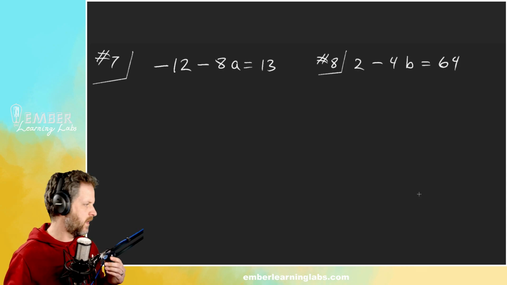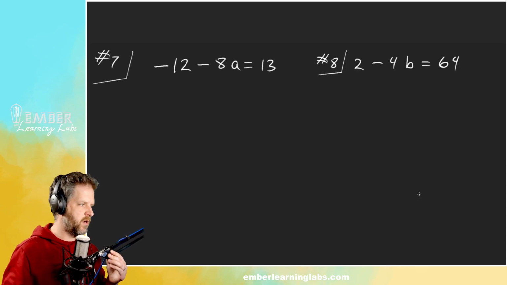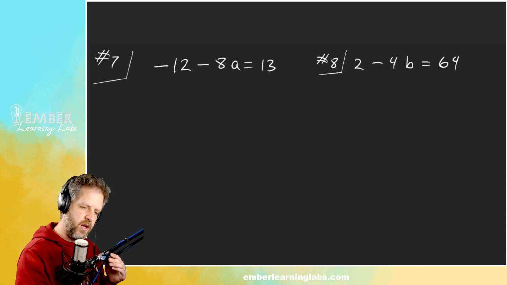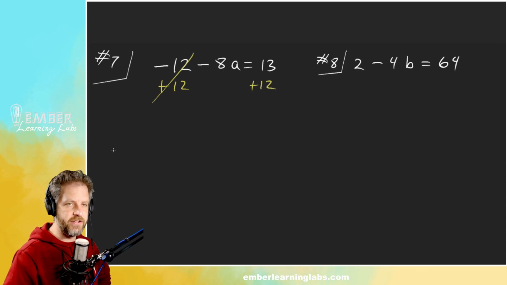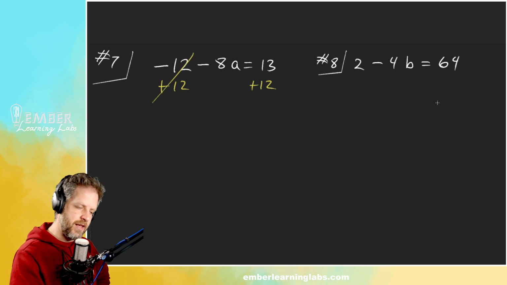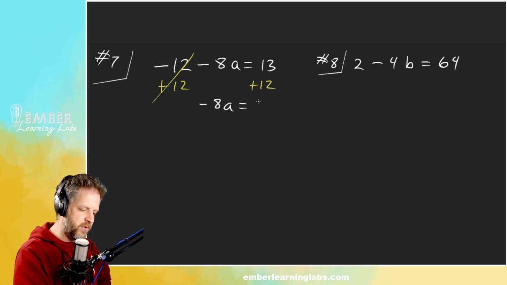Okay. So, what we would have done is we would have added 12, which would have canceled there, leaving us with negative 8A equals 25.